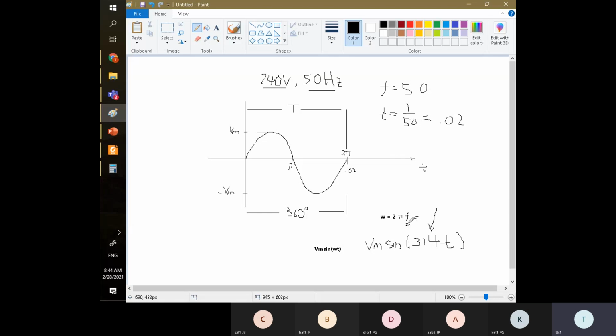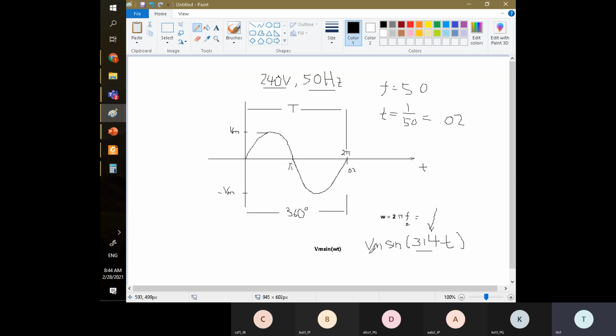Okay, you can find the frequency from this number 314 by working in reverse. If you work backward, from 314 you can calculate the frequency. Sometimes in the test they just give you Vm sine 2t, then they expect you to find the frequency from this number here.